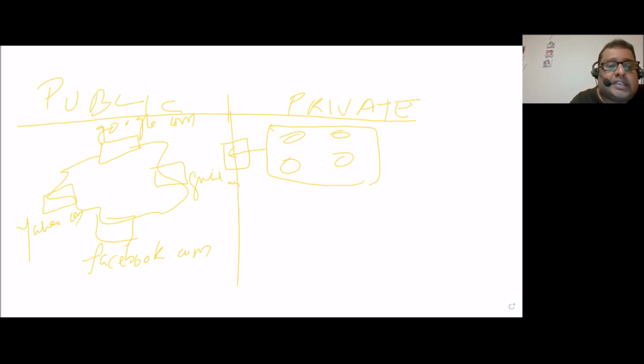All of these are publicly available to us. Obviously, those services or elements which are connected on the internet and are required to be publicly available will carry something called a public IP address.